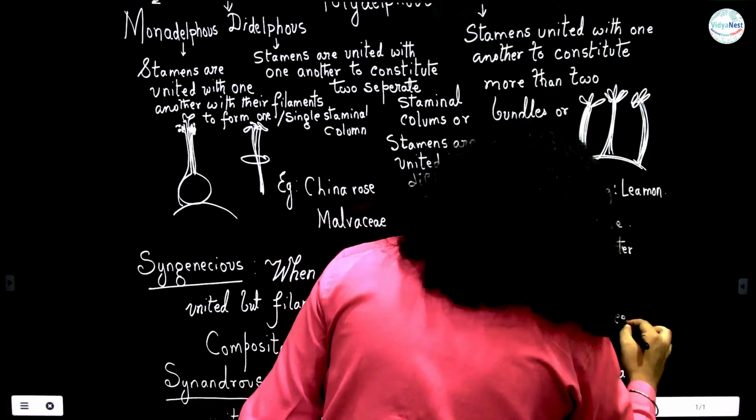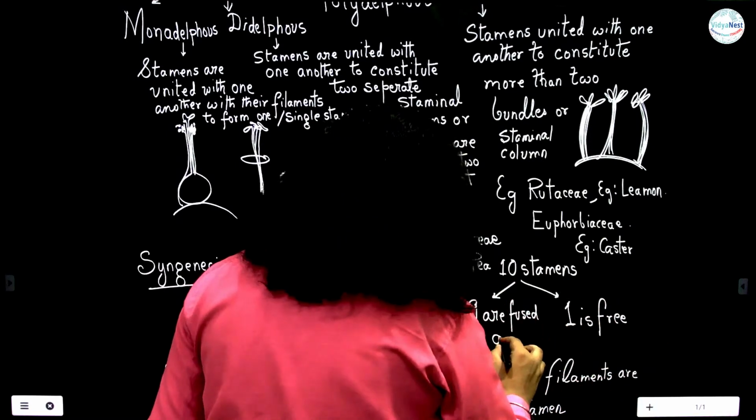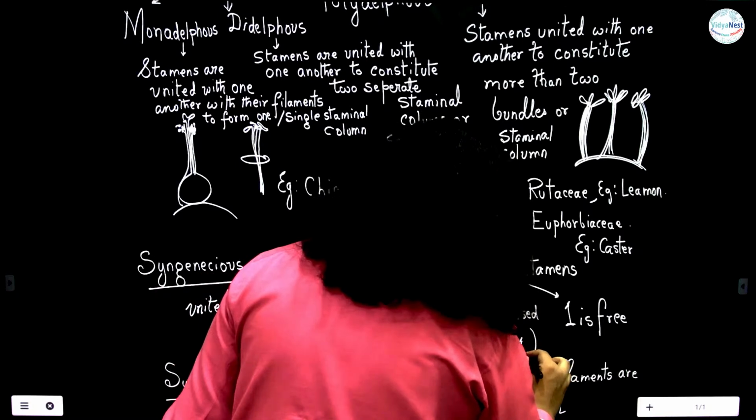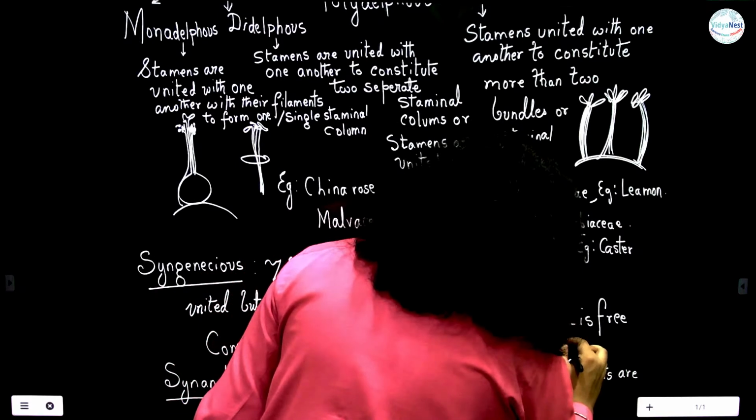So it will give an arrangement which is known as 9 plus 1 arrangement. This is important.